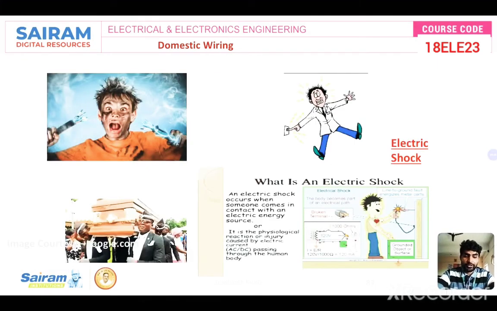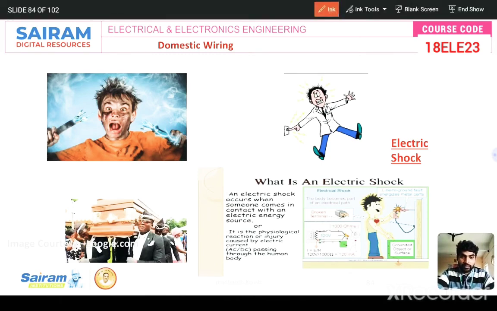And next we have electrical shock. When a person comes in contact with a live wire, he may get nervousness, or he may get some mild fever. We can call it an electric shock. See here, what is an electrical shock? The person is here, and the equipment has broken terminals.